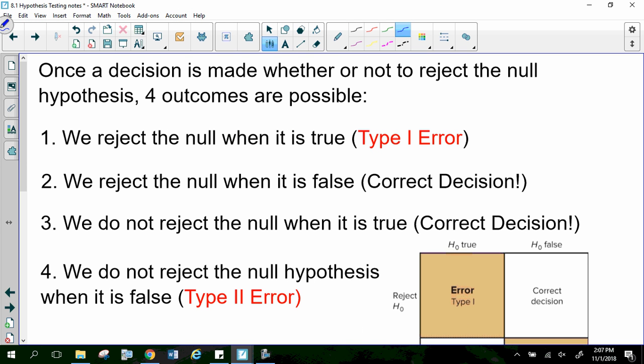Once a decision is made whether to reject or not reject the null hypothesis, there are 4 possible outcomes. The first one is called type 1 error. This says that we reject the null when it is true.